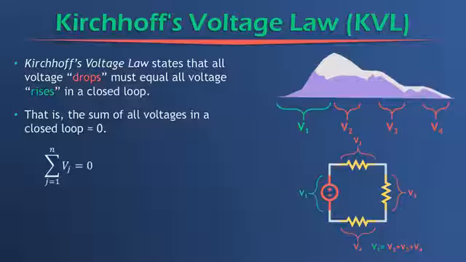And now before, we wrote out an equation for each node and its associated currents, that was in KCL, but now we're dealing with KVL, and so we're going to write out an equation for each loop and all the voltages associated with that loop. So we write that out in the form V1 plus V2 plus V3 and on up to Vn, and set that equal to 0, and that's how we write an equation for a loop, and that is a KVL equation.